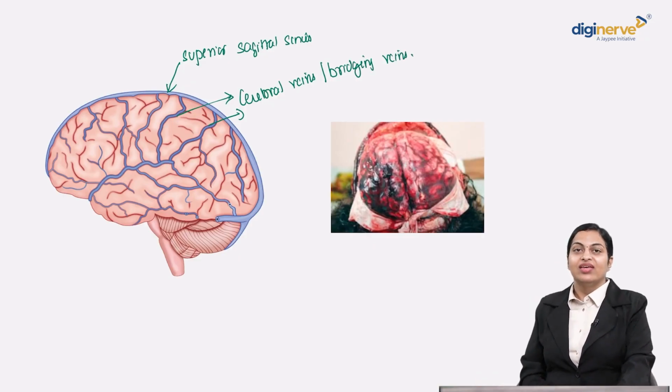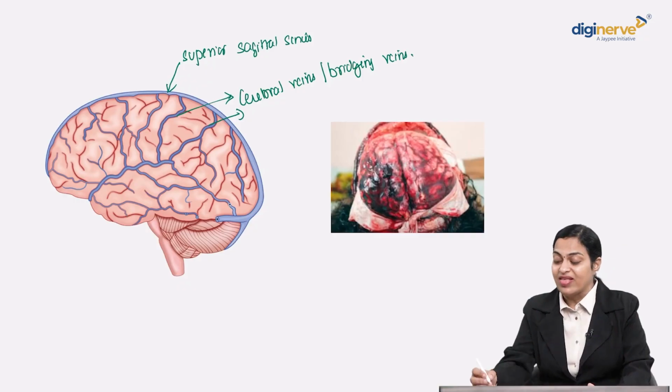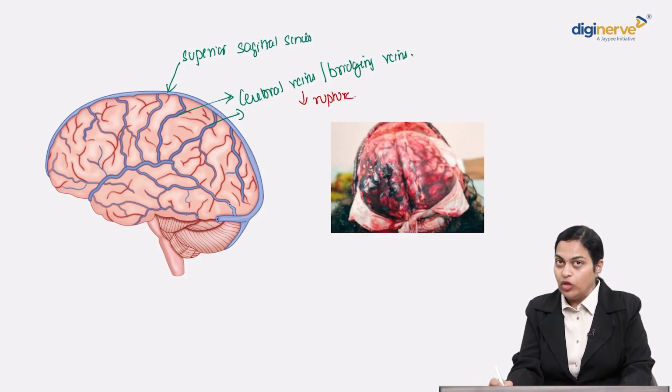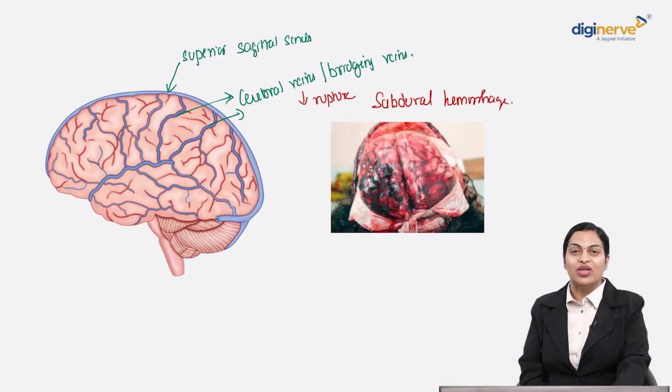And in hypertensive patients, when the BP shoots up, when the intracranial pressure increases, these veins can rupture, leading to subdural hemorrhage. So, where does the blood accumulate in the subdural hemorrhage?